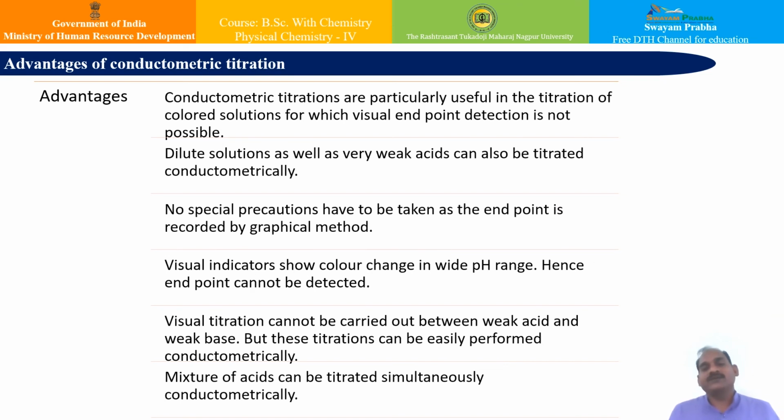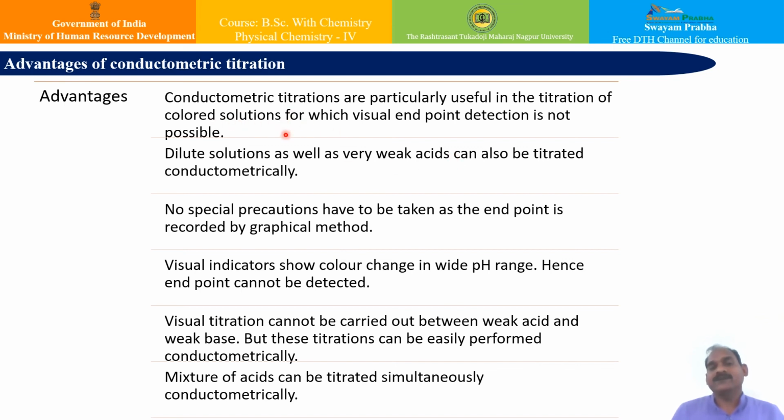The last part of this discussion of conductance is the advantages of conductometric titration over the other traditional methods. So what are the advantages? These conductometric titrations are particularly useful in the titration of colored solutions for which visual endpoint detection is not possible.